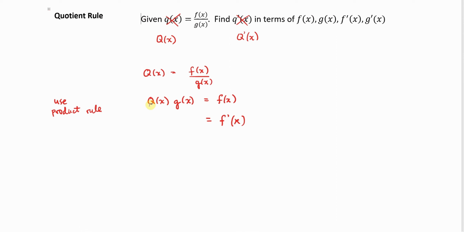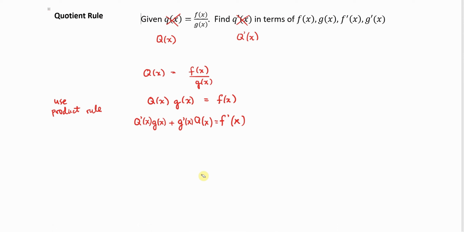And on the left side, remember we have to use the product rule, so it is the derivative of the first part, which is just q prime, times the second part, which is g, plus the derivative of the second part, which is just g prime, times q. Let me make myself a little bit more space here.